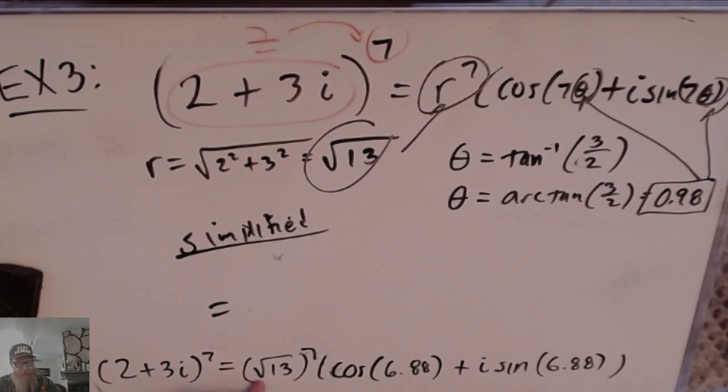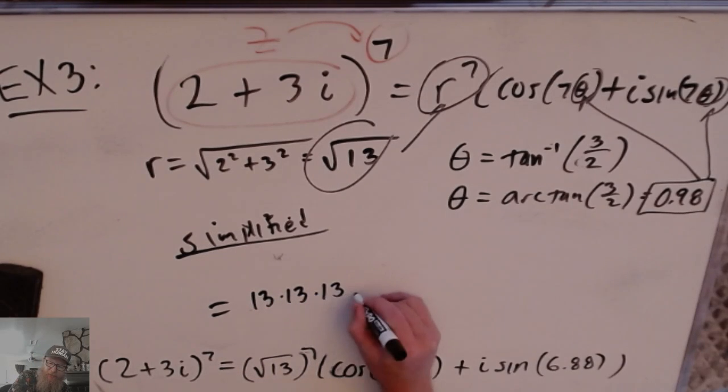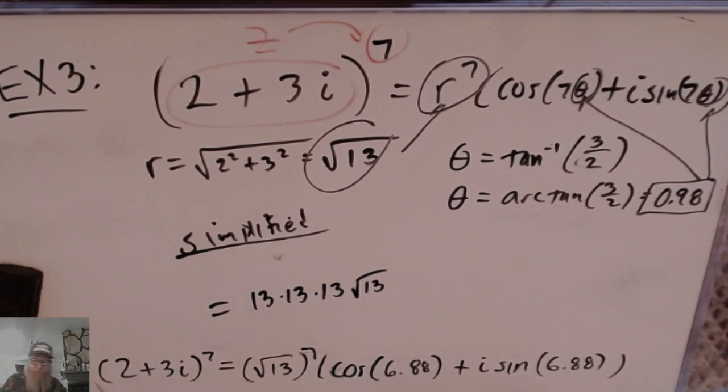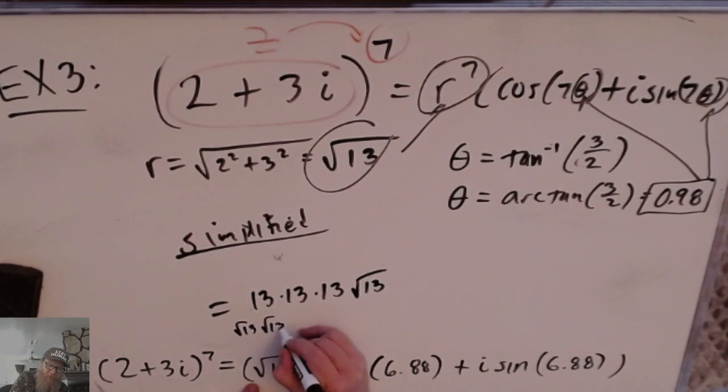You got the square root of 13 to the 7th power. So what happens to that? You're going to get 13 times 13 times 13 times the square root of 13. Maybe I should write that out. Every 2 square roots of 13 become a 13.